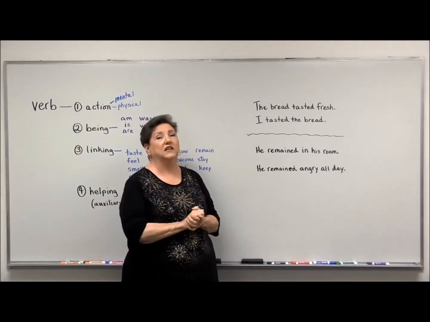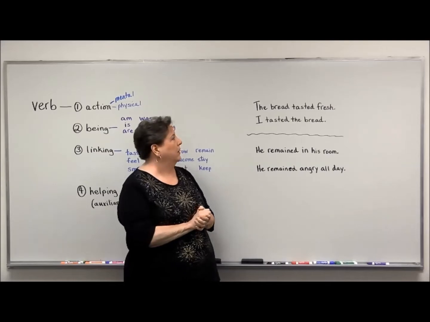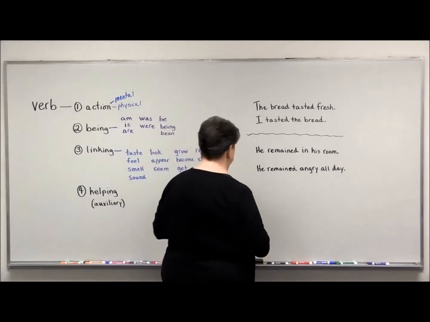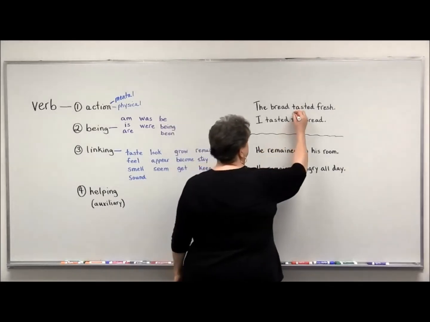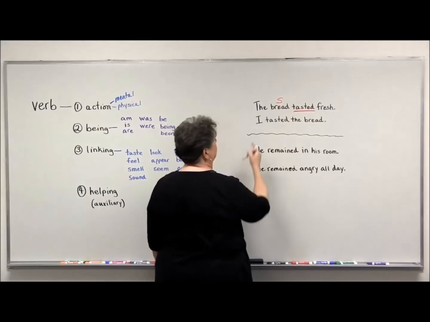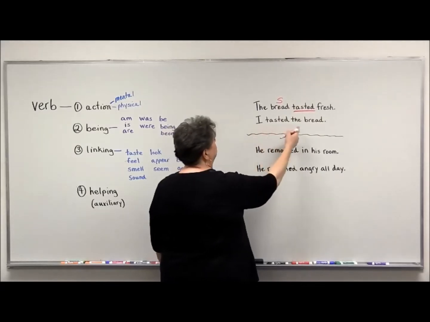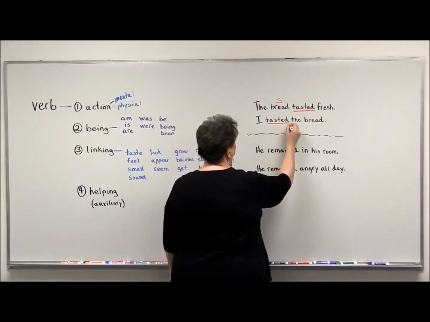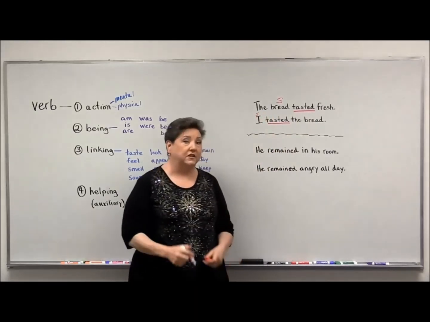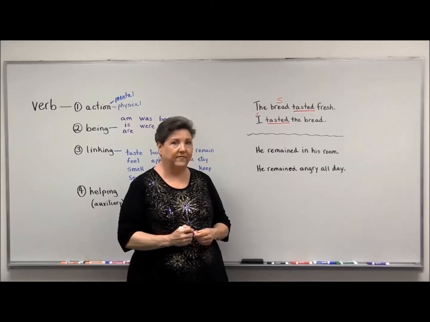Can you tell which one is linking? Well, look at the first one. The bread tasted fresh. Tasted is the verb, and my subject is bread. Again here, I tasted the bread. Same verb, subject. One is action and one is linking.